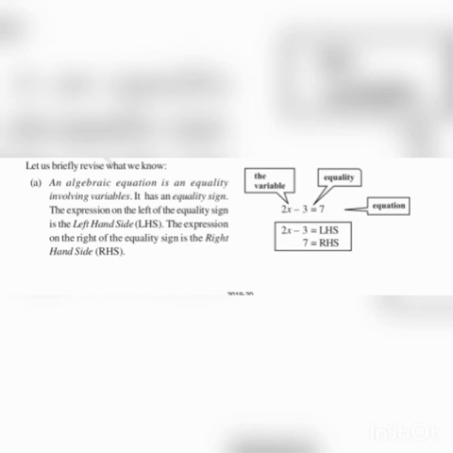Next, it has a variable and it has a constant. As with expressions, it will have variables, constants, everything, along with the equal to sign. Understood children? So it will have both an LHS side as well as an RHS side. You have already learned what is meant by LHS, RHS, right? So in an equation, you will be having LHS as well as RHS side. Understood?